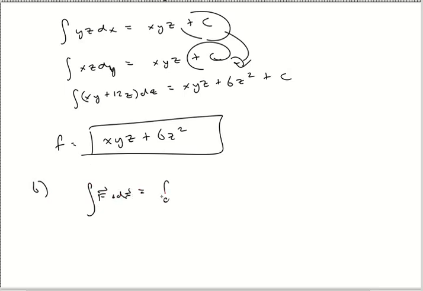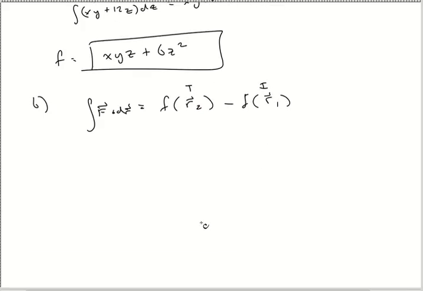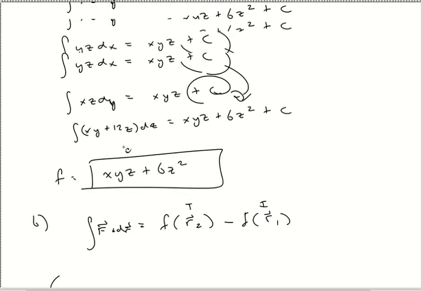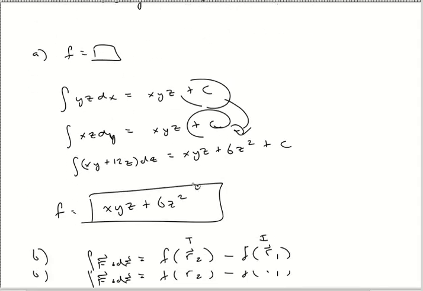But we already know that this is going to be my potential function at r2, or terminal, and then minus the potential function at r1, or my initial. So terminal minus initial. Plugging in those points, again, going back up, 4, 6, 1.